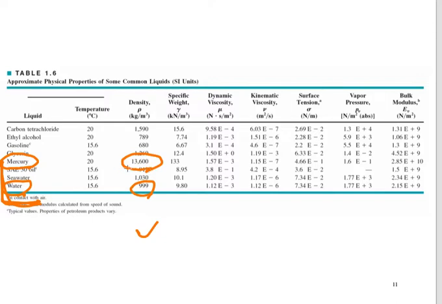For seawater, it is water mixed with salt, so the density is a little bit higher compared to plain water. The density is around 1030 kilogram per meter cube. If you have oil, for example gasoline here, the density of gasoline is lesser compared to water.